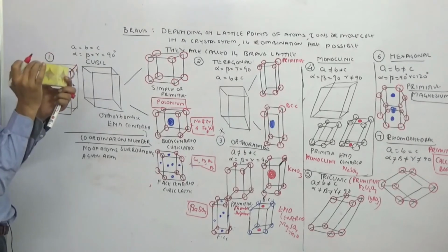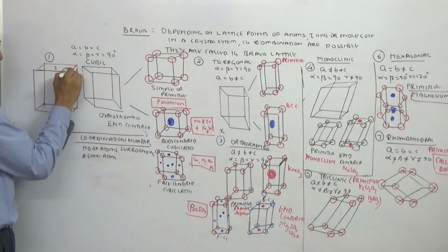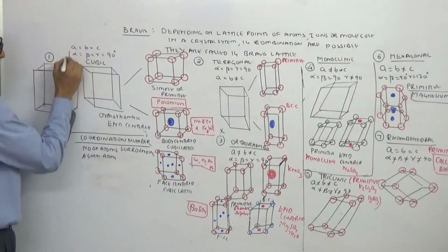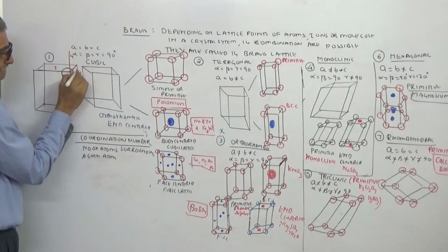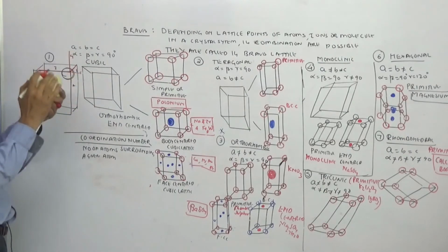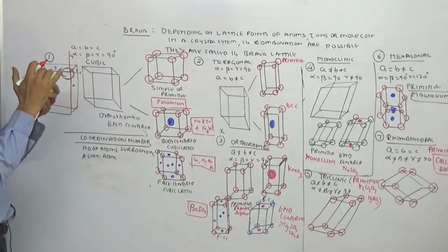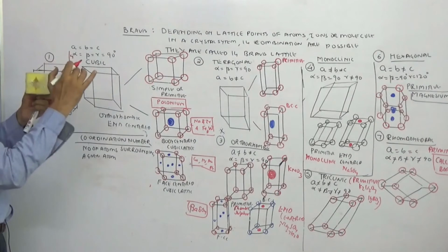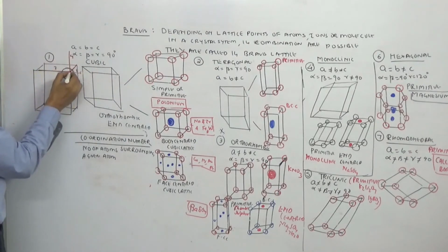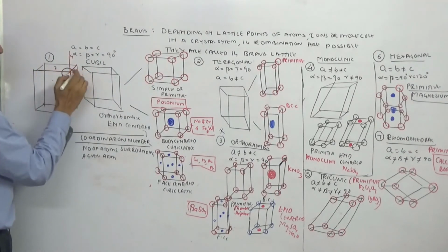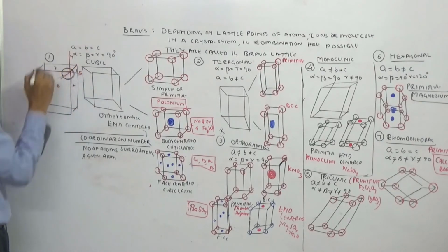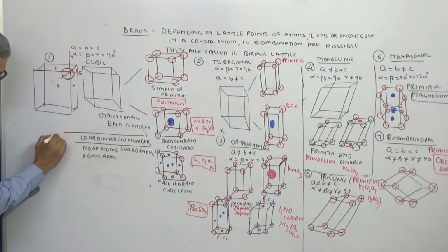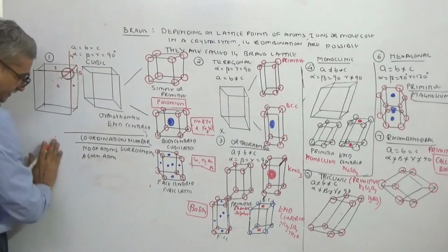So you will have 1 above, and you will have 5. It should be 6 totally. 1, 2, 3, 4, 5 and then 6. So it will be 6. So we have one atom. So how many atoms are surrounding it?